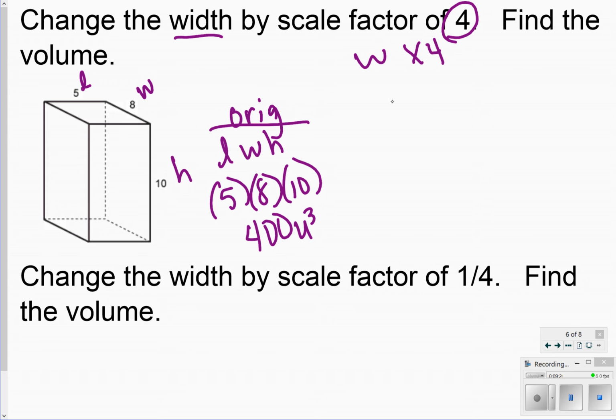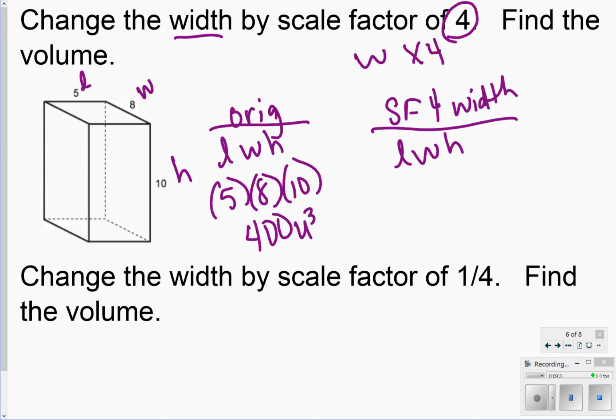But let's see what would happen if we did a scale factor of 4 for our width. All right, again, length times width times height is the formula for volume. And our length stays the same, so that's going to stay at 5. And our width is what's changing. So our width was 8. We're going to multiply it by a scale factor of 4. So it's now actually 32.